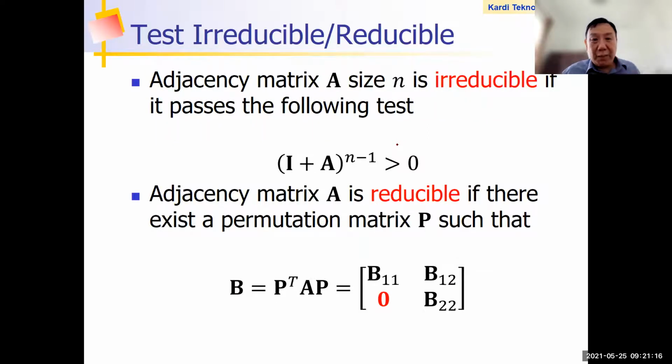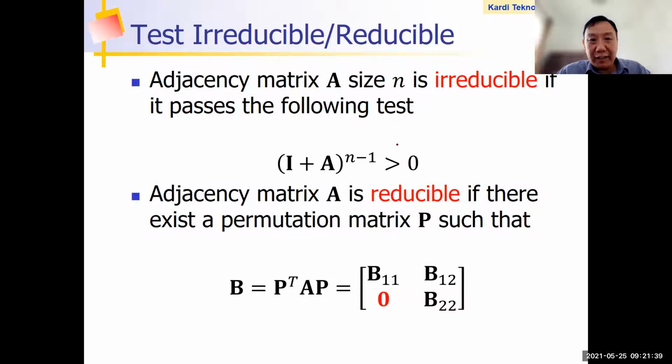Mathematically, how do you test? For example, yes, you can look at it, right? If you just use a computer, how do you test whether this is reducible or irreducible? The test is very easy. You have I, the identity matrix, plus A, the adjacency matrix, and then you raise it to the exponent n minus 1.